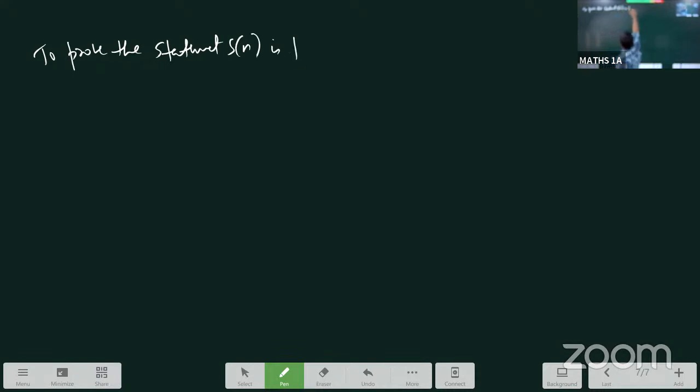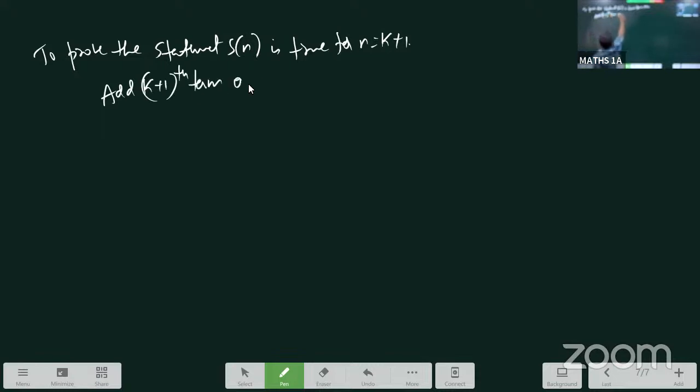Now, to prove the statement S of n is true for n equal to k plus 1, for that, what I have to do? Add k plus 1th term on both sides of equation 1.